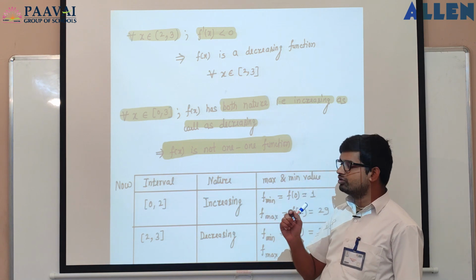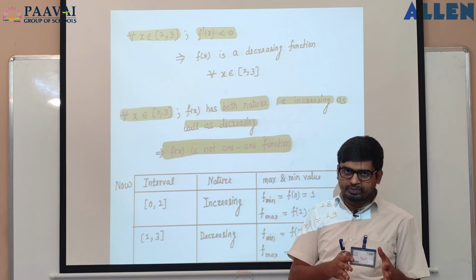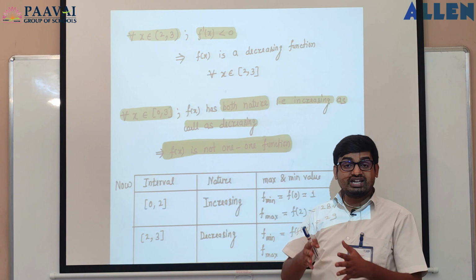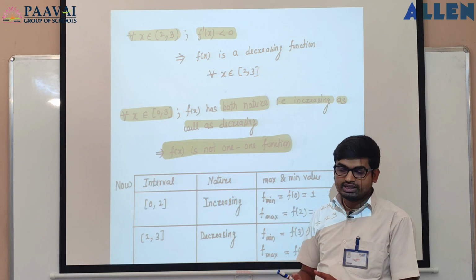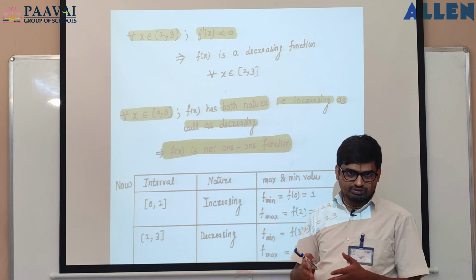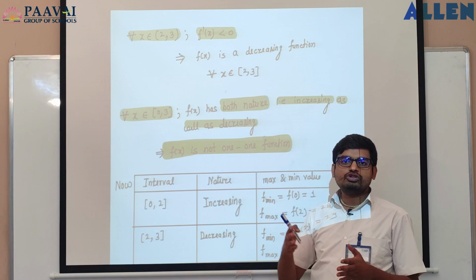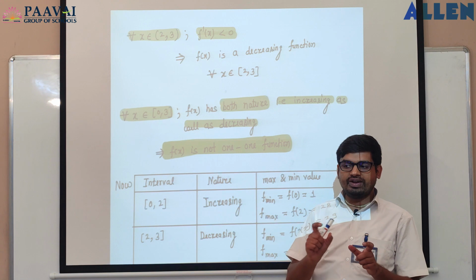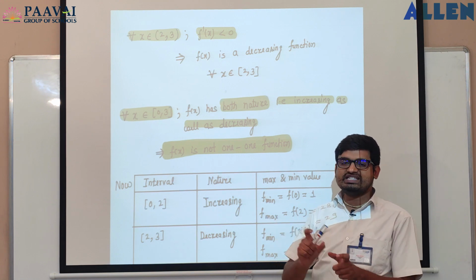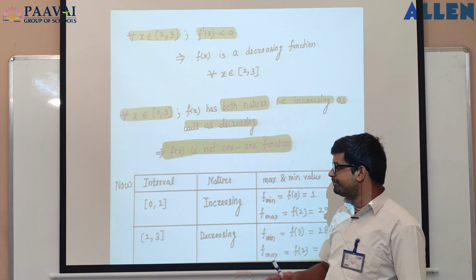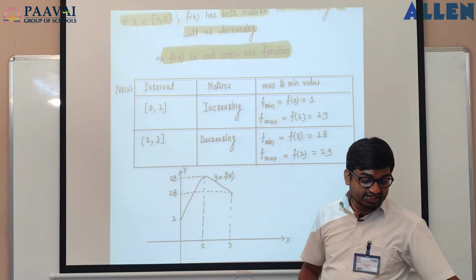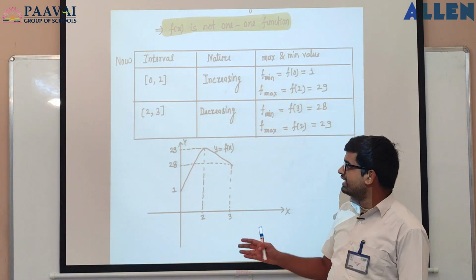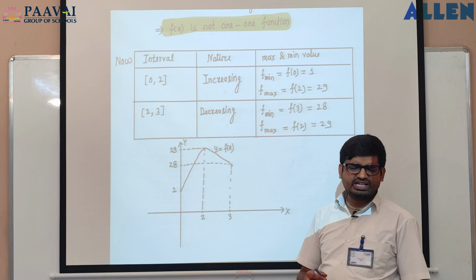To check onto, we see whether the codomain and range are equal or not. The codomain as per the question is [1, 29]. Now I will find the range and then check whether the codomain and range are equal. To find the range, again I will take help of derivative.